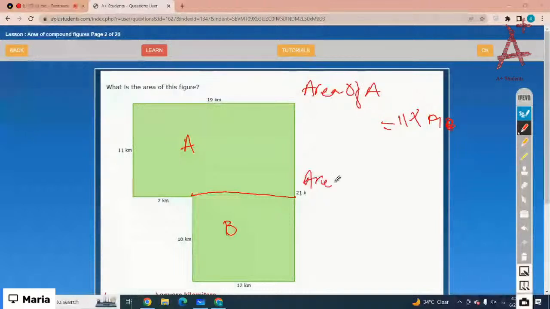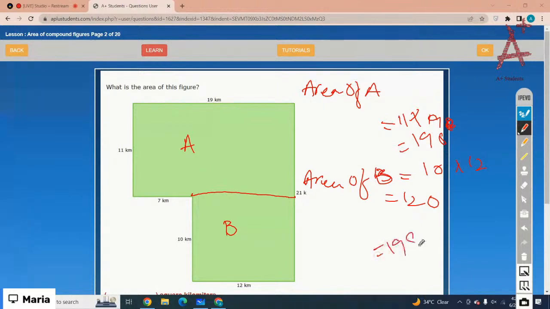Then you have to calculate the area of B. That would be 10 times 12. So that would be 120, and 11 times 19 is, let me just see, 11 times 18 is 198. Got it? So for the area of the complete shape, you just have to add both the areas.